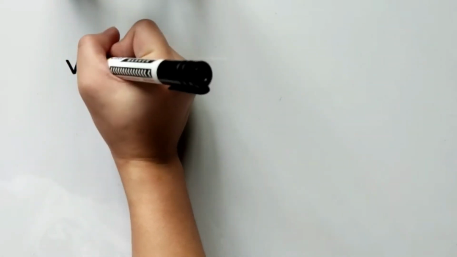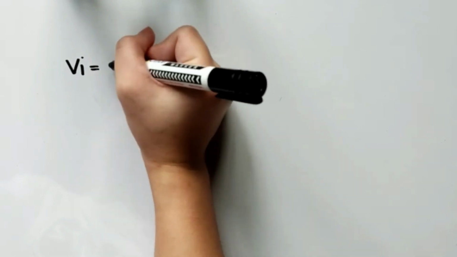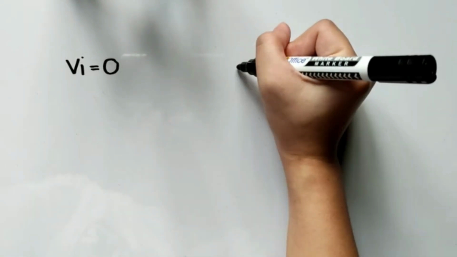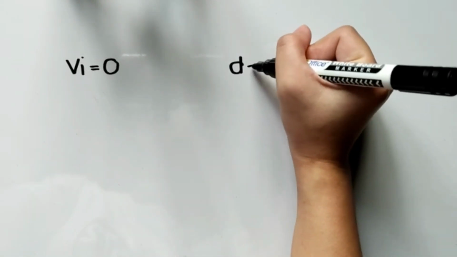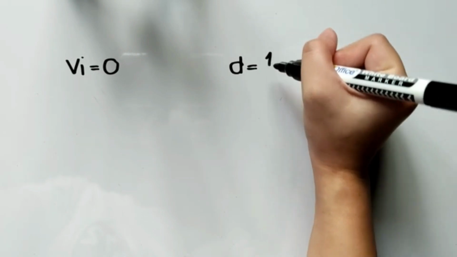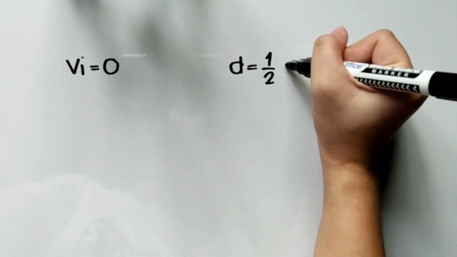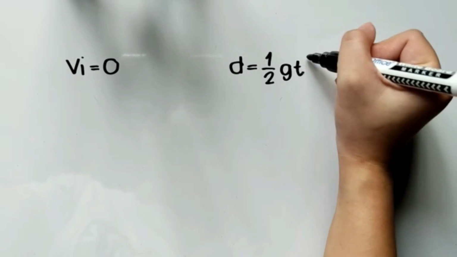We will now solve how high the stone went. Since its direction is going downward, it has an initial velocity of 0 because it is in free fall. For us to determine it, we will use the formula d is equal to 1/2 gt squared.